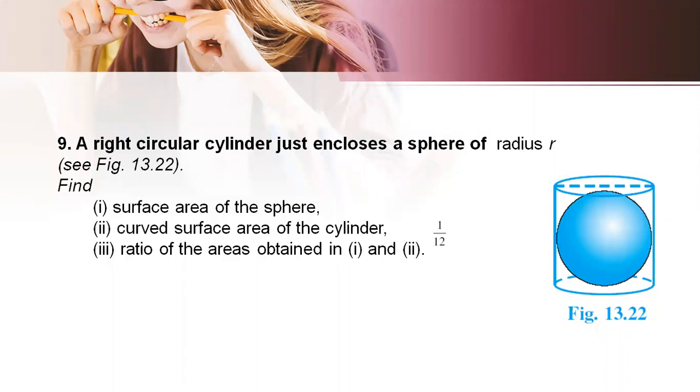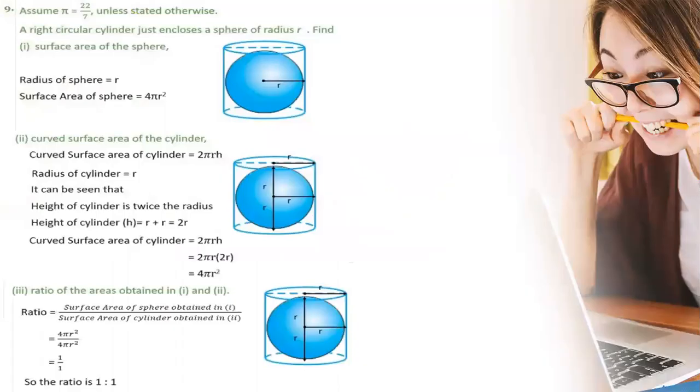Now coming to problem 9, a right circular cylinder just encloses a sphere of radius r. We need to find the surface area of the sphere, the curved surface area of the cylinder, and the ratio of the areas obtained in 1 and 2. We are given this particular figure. One cylinder just encloses the sphere whose radius is r.